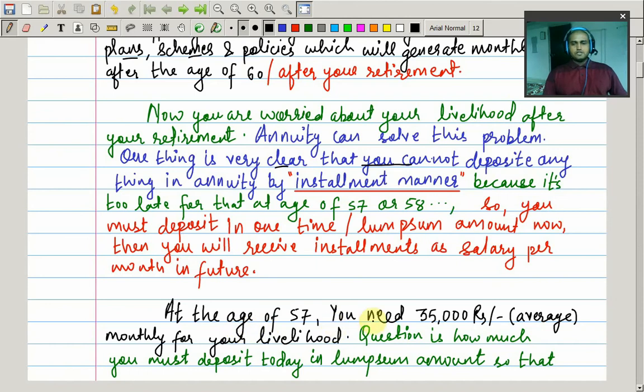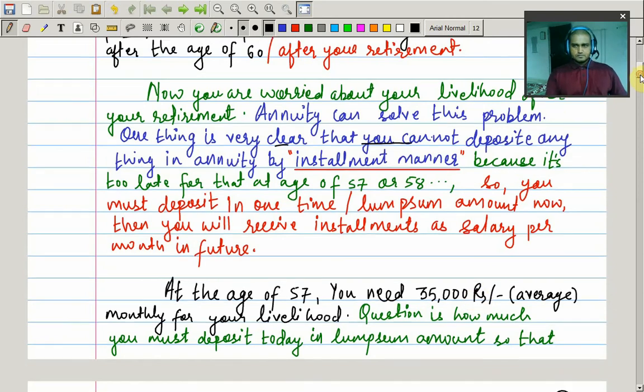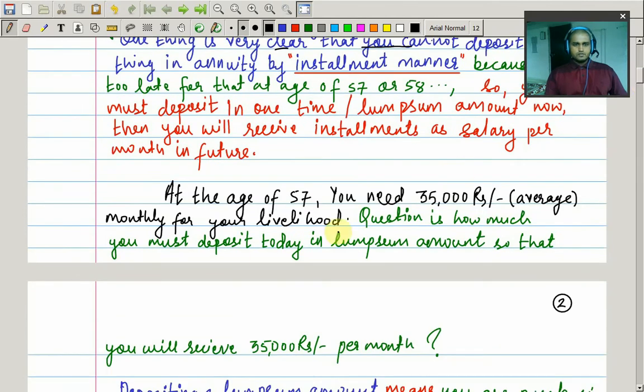At the age of 57, you need 35,000 rupees. We are just assuming that every month I need 35,000 for my livelihood. Question is, how much you must deposit today in lump sum amount so that you will receive 35,000 per month.